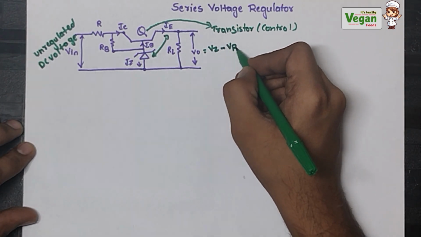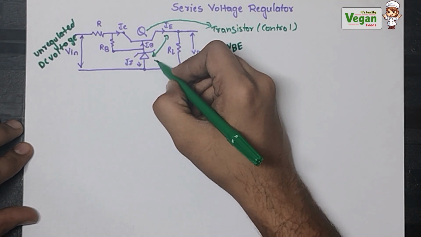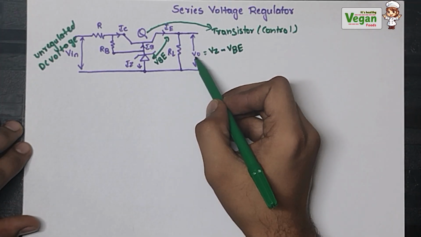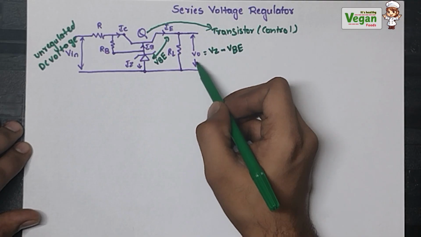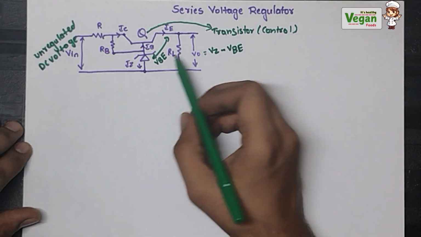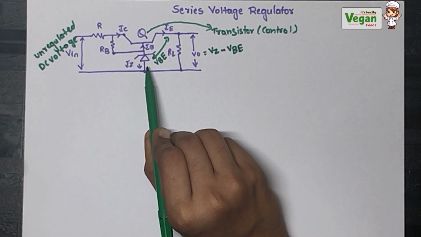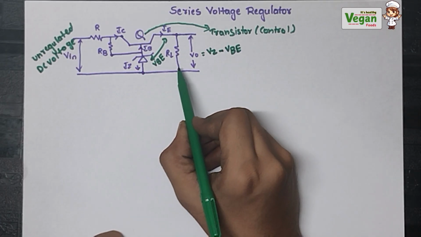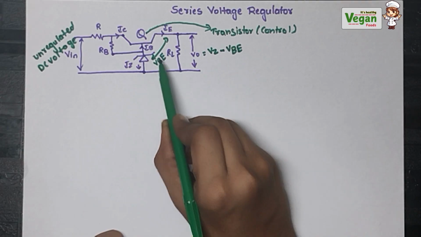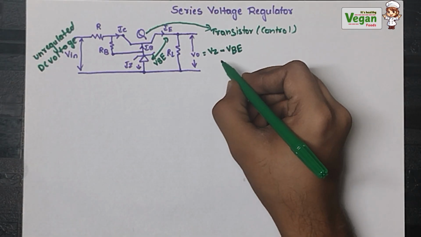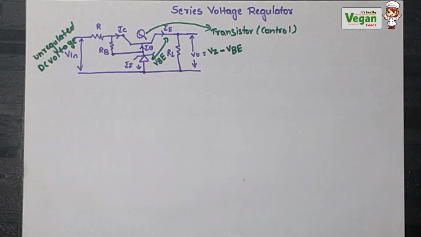What is VBE? The voltage across the base emitter junction. So Vout is equal to Vz minus VBE.